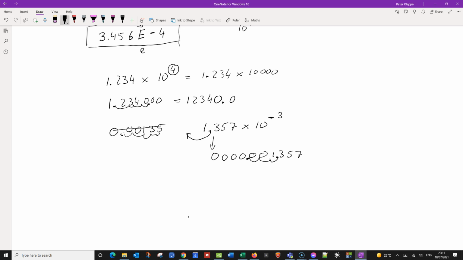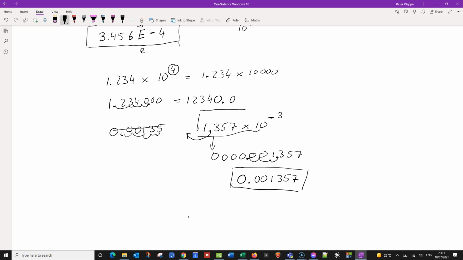So here we would have this number. So we would have 0.001357. And that is how we can convert large and small scientific numbers into scientific notation like this.